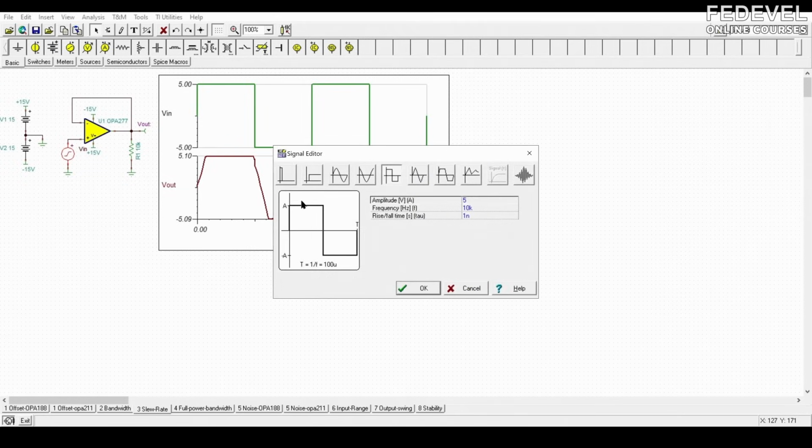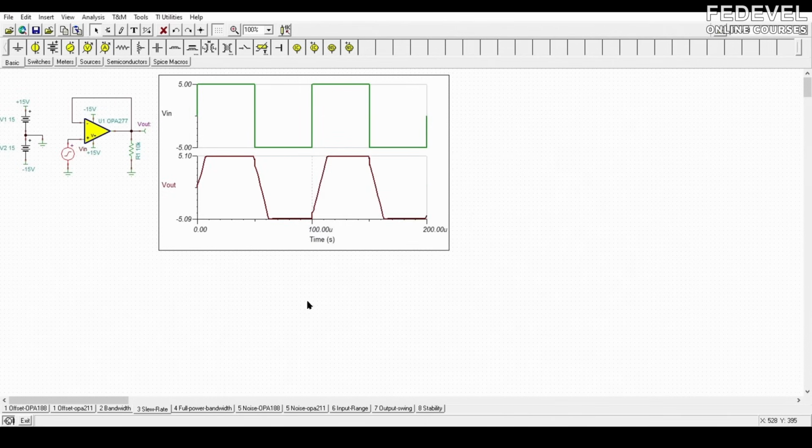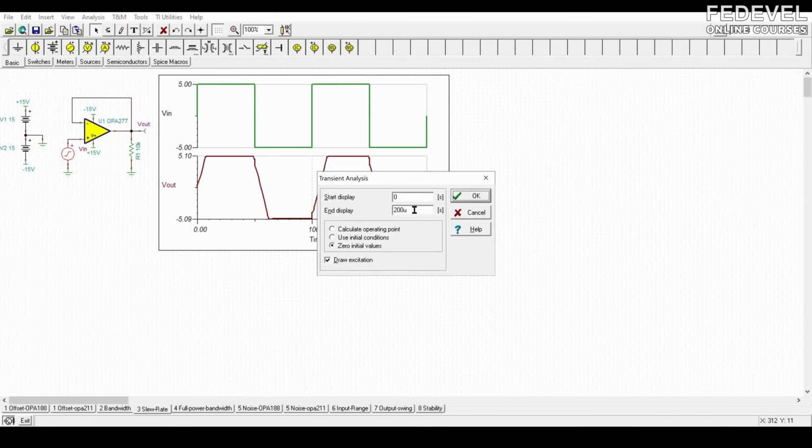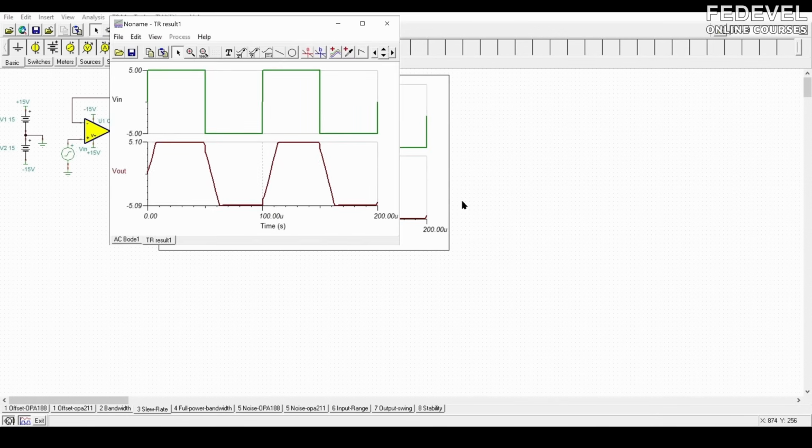And if I look at this, I can see the square wave's defined to have a 5 volt peak amplitude and a 10 kilohertz frequency. And so let's go ahead and do the transient analysis, or time-based analysis. Now, 200 microseconds is selected because according to the frequency, that's going to give us a few cycles. And there it is.